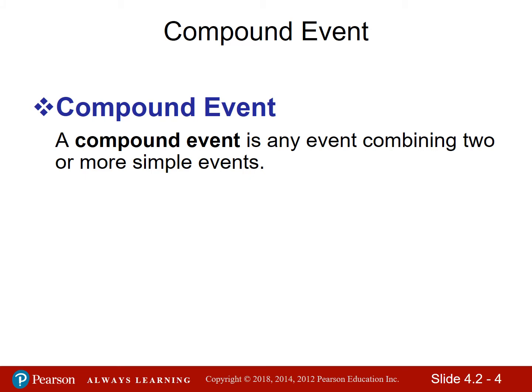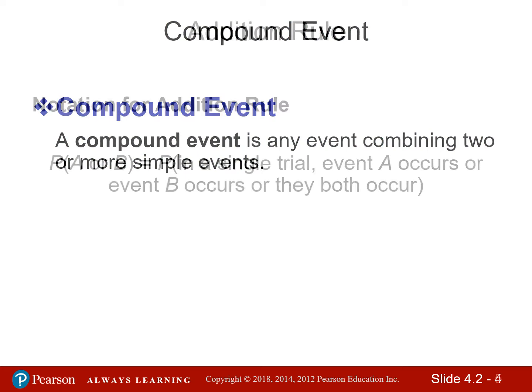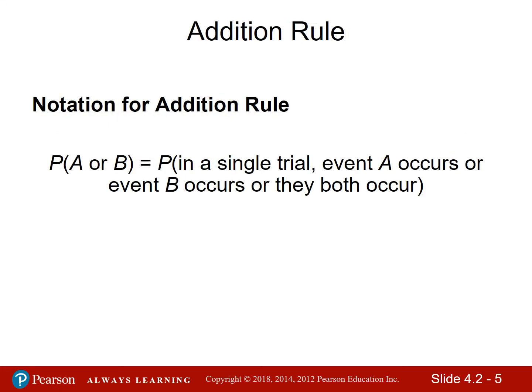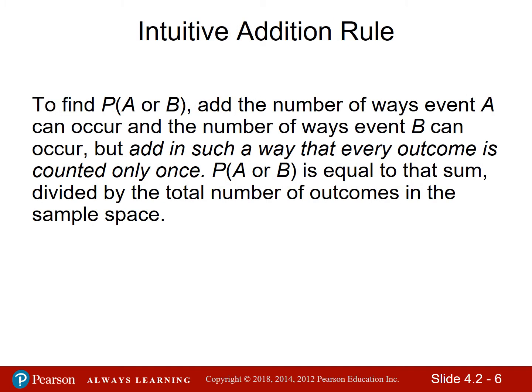Compound event. When we say compound sentences, we mean combining two or more sentences. So a compound event is an event combining two or more simple events. P of A or B is equal to P of, in a single trial, event A occurs or event B occurs or they both occur, right? Examples later on.